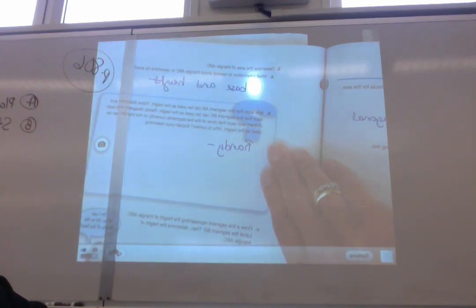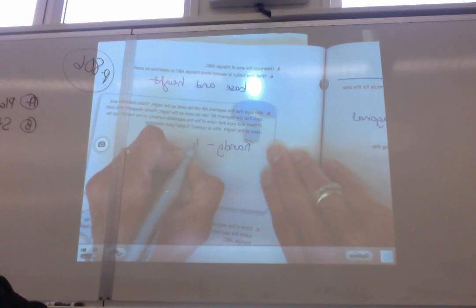Isabella, what do you got? Why do you say Randy? Because there's no height on the triangle yet, which you can see. But what would you be looking for? You'd be looking for a line going between the triangle from the top point to the bottom area, and we don't have that line.